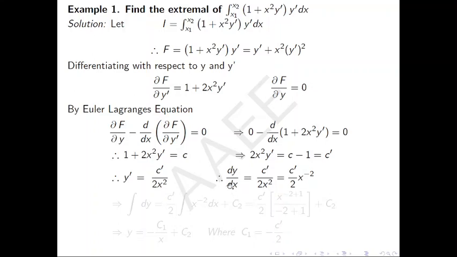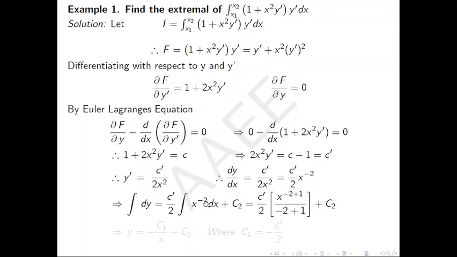So dy by dx is equal to c dash by 2 times x to the power minus 2. Integrating on both sides with respect to x and y, we get the integral of dy is equal to c dash by 2 times the integral of x raised to minus 2 with respect to x. Since c dash by 2 is a constant, it stays outside, plus the constant of integration c2.